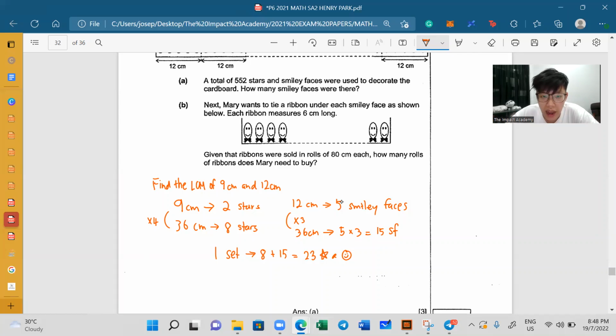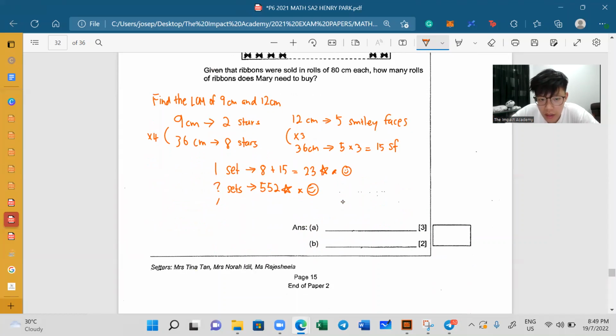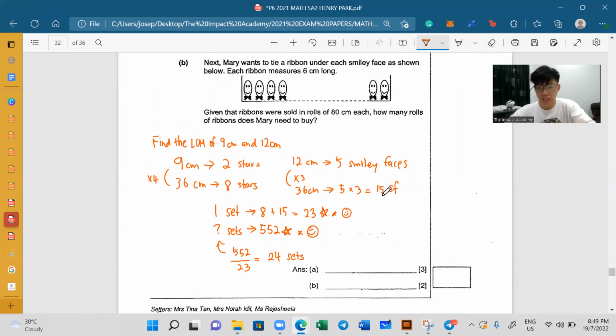Now I know that in total I have 552, so what I want to find is the number of sets. In order to find the number of sets, I can just do 552 divided by 23, and I will get a very nice number, 24 sets. So what I have found, the 24 sets, what does it mean?